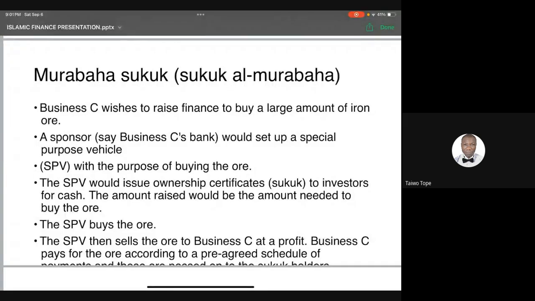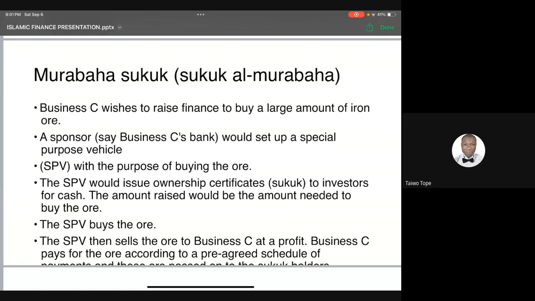The SPV will issue ownership certificates, that is the sukuk certificates, to investors for cash. The amount raised will be the amount needed to buy the ore. In other words, you can say the sukuk is like a collateral, a certificate given to the investors.